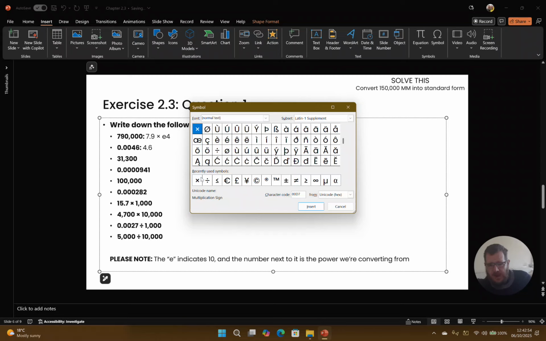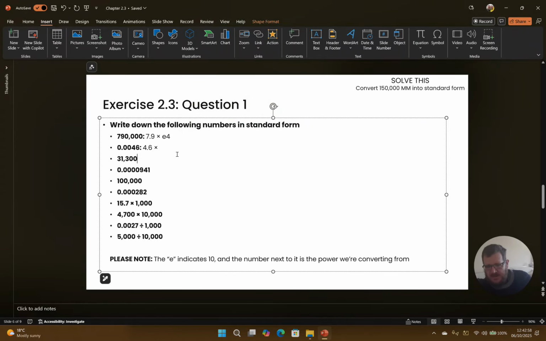And then we multiply it by the number of zeros we see, which is 1, 2, 3. But because they're to the left of the number and not to the right, that becomes a -3.